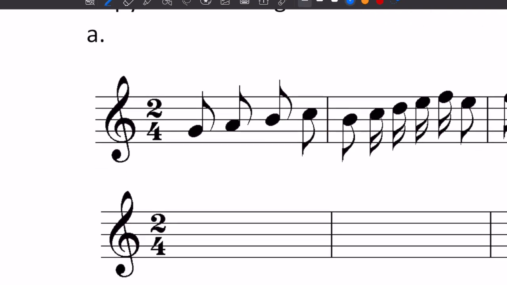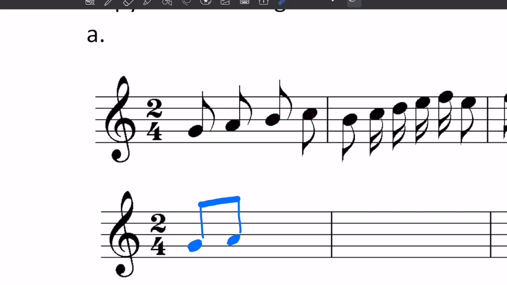I'm going to neatly draw my note heads here, and then I will draw my stems, making sure I try to make them as neat as possible. If you have a ruler, you should definitely use it. Then I will add my beam going slightly upward. Now I look at beat number 2. Beat number 2 is still moving up, but I have the middle line and the third space.